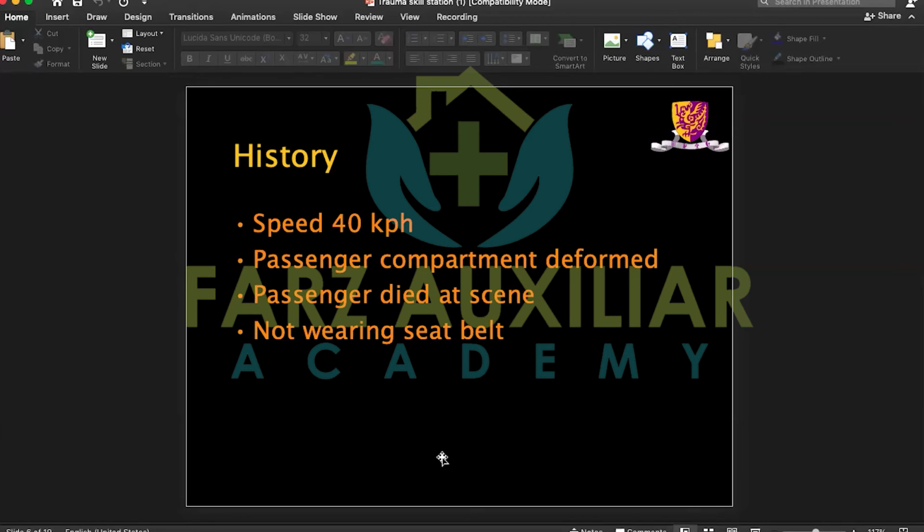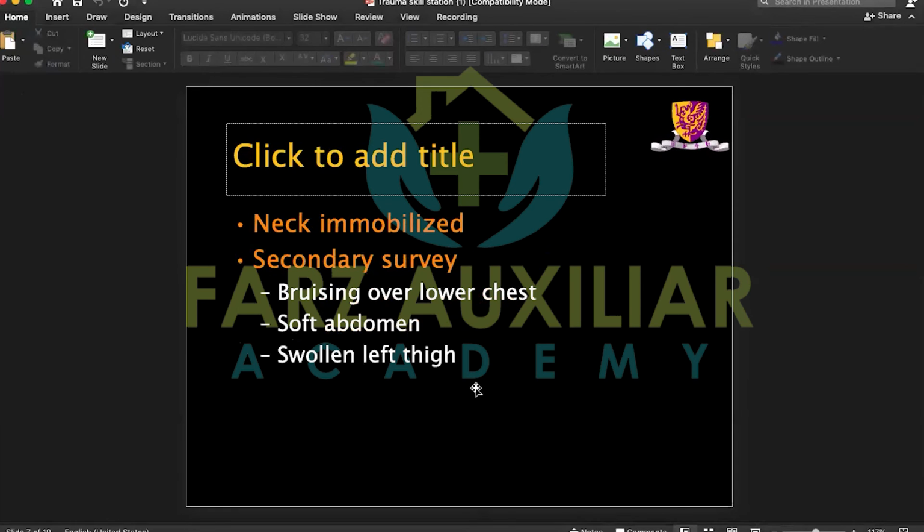And of course, as a protocol, we have to do the CT cervical spine because all the history suggests that the patient has a very high risk of cervical spine injury. So the neck is immobilized, and now after stabilization, quickly there has to be a secondary survey. So there is the primary survey, secondary survey, and tertiary survey.